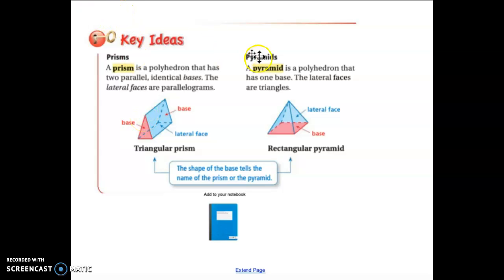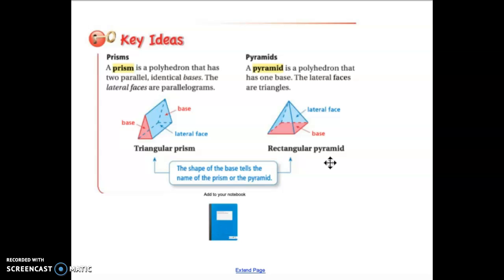A pyramid is a polyhedron that has one base, and the lateral faces are triangles. Here we can see the lateral face in blue, and the base is pink or reddish, and that's more rectangular or square shaped, so it gets the name rectangular pyramid.